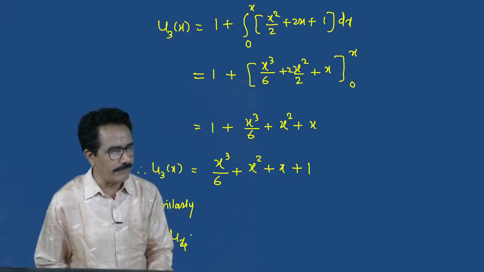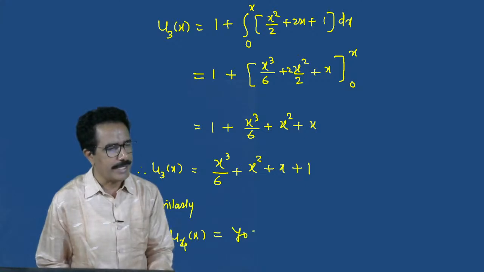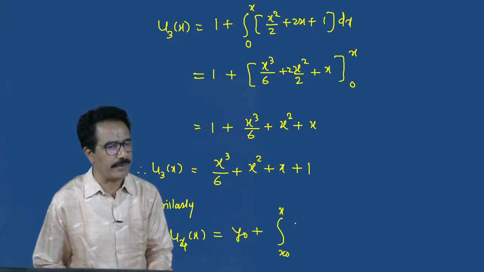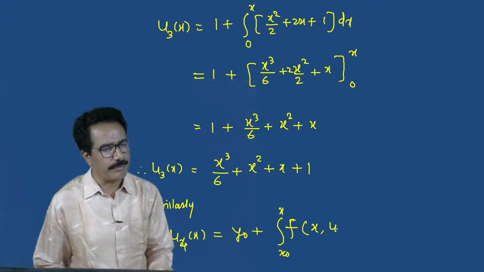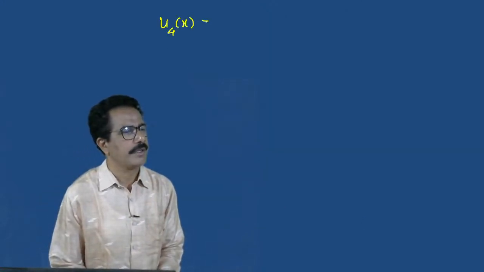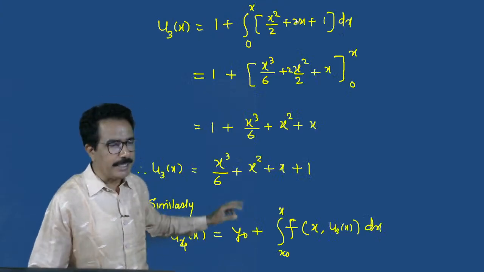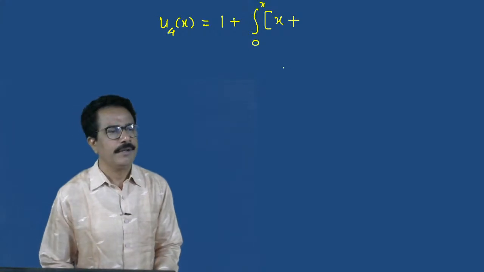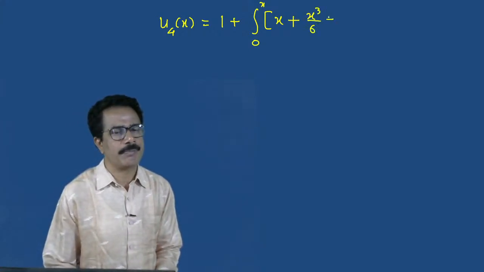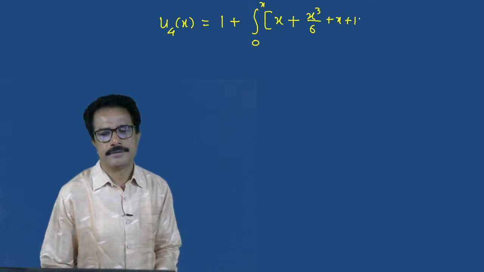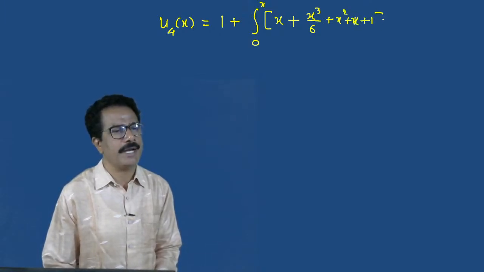Similarly u4 of x is equals to y0 plus integral from x0 to x of f of x comma u3 of x dx. Is it okay? So we can write u4 of x, which is equals to 1 plus integral from 0 to x, x plus, in place of y we have to put this value, x cube by 6 plus x square plus x plus 1 dx.